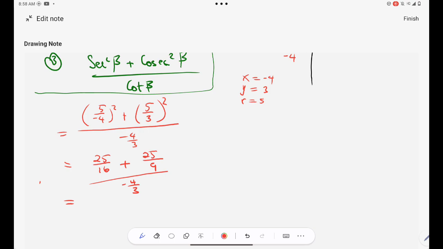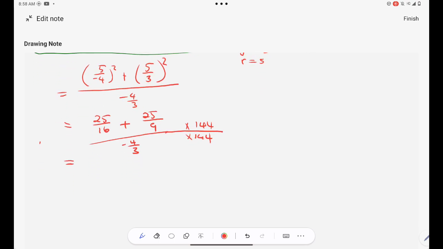I can multiply everything by the LCD here, guys. My LCD will be 144. I can, because whenever I deal with fractions, I don't want to have fractions within a fraction. I want whole numbers all over whole numbers, right?